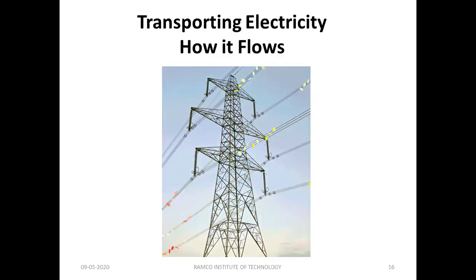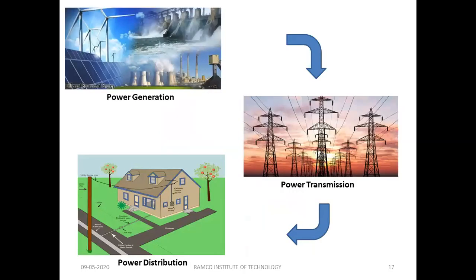We have three major portions: power generation, power transmission, and power distribution. These are the three major sections of electricity.